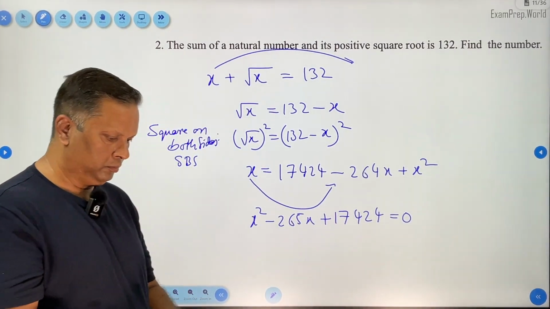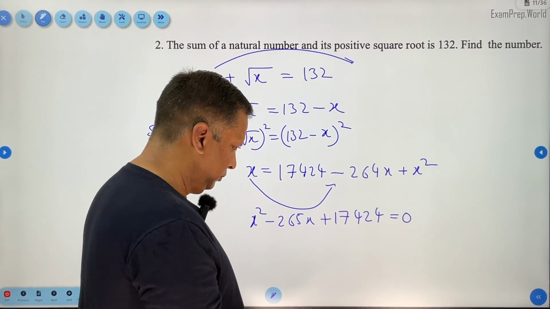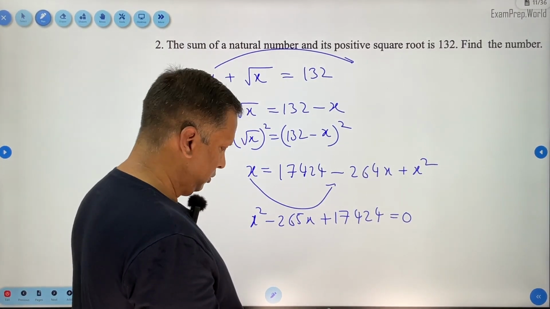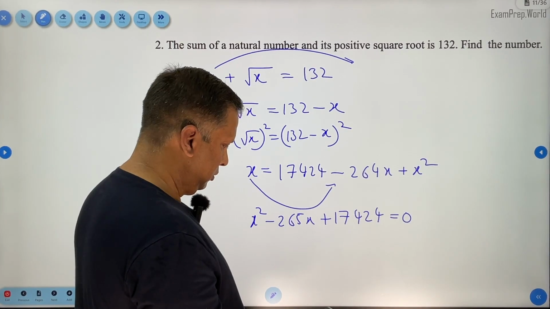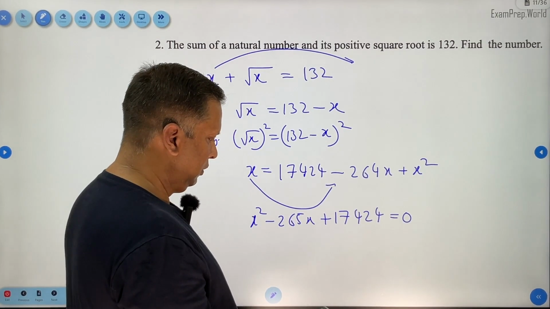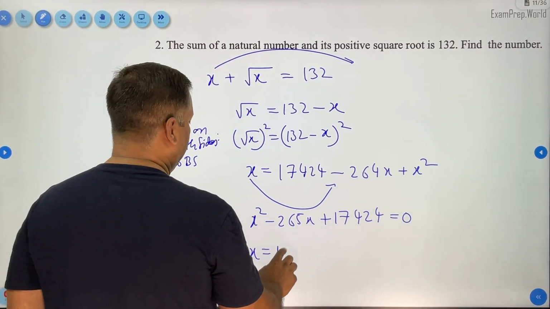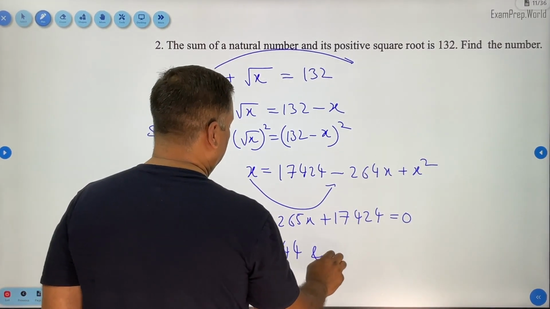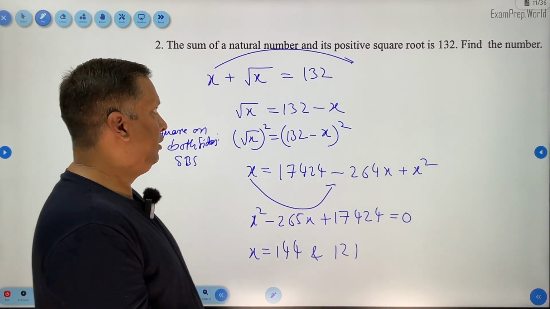Chop done. So we solve for x, and I am getting 144 and 121, right? So which one will we take?